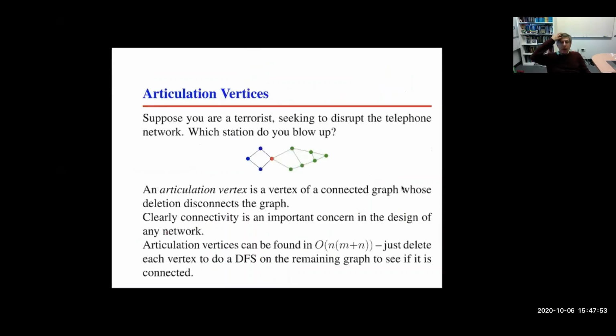Okay, I'd like to go through two more advanced algorithms now that rely on depth first search as the thing that makes them go. When it comes to understanding these algorithms, I strongly encourage you to read through the book carefully.